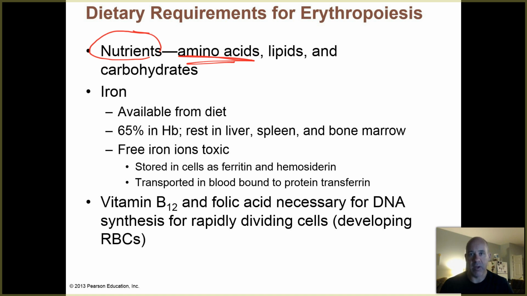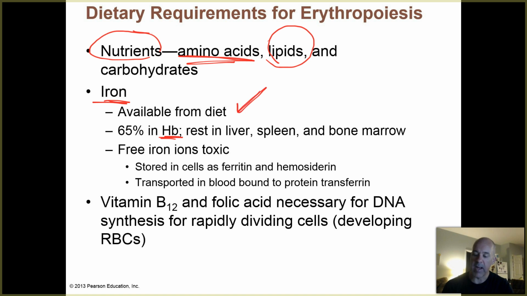You're cranking out millions per second. Red blood cells have cell membranes, just like other cells in your body. What are cell membranes built from? Phospholipids. And then all cells need carbohydrates for energy and other functions as well. So that makes sense. Iron, absolutely critical for hemoglobin.